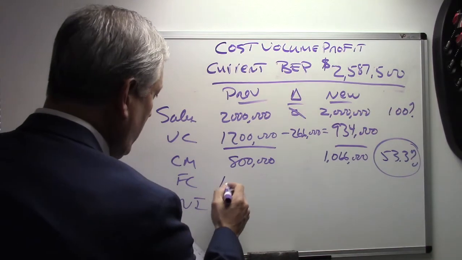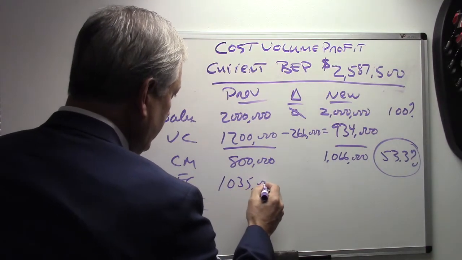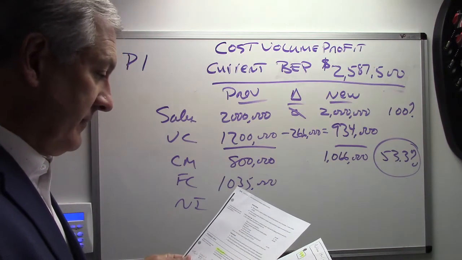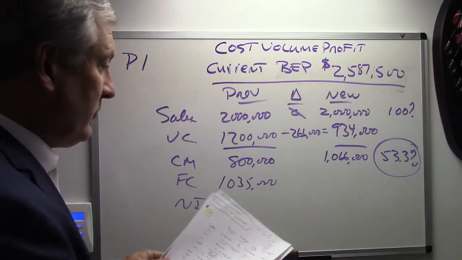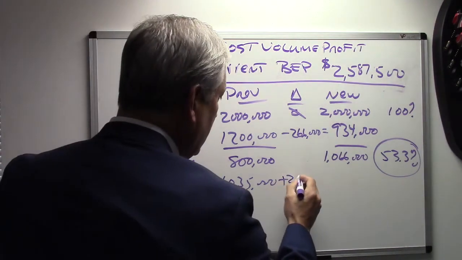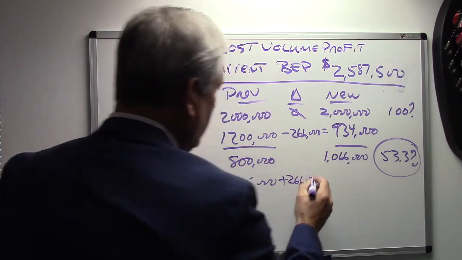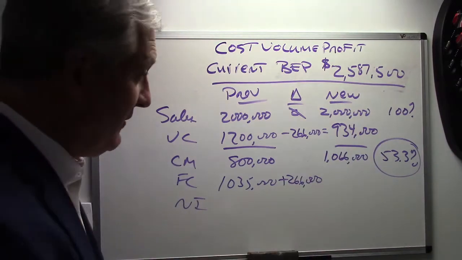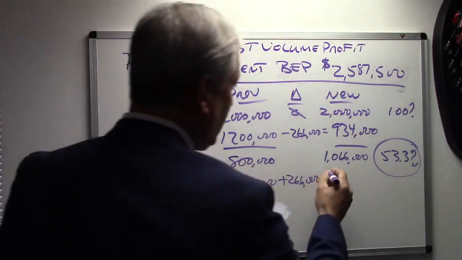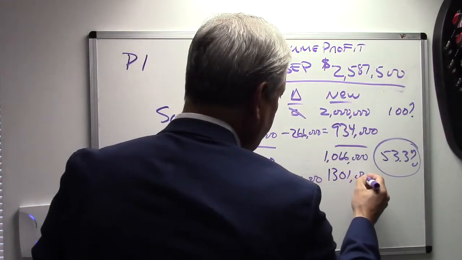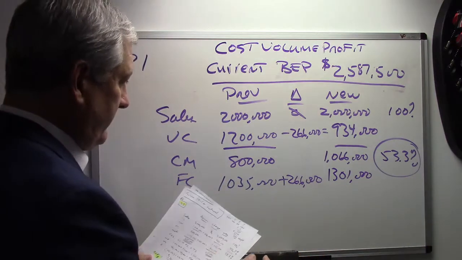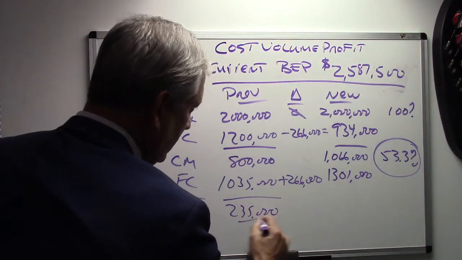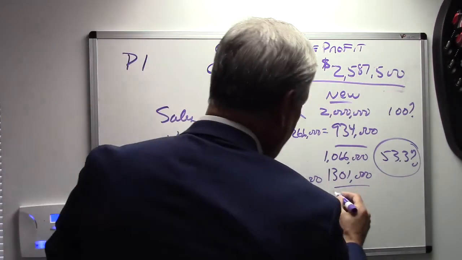What happens to fixed costs? Well, fixed costs were $1,035,000. And we did what? We added $266,000, right? There was a shift from variable to fixed. So the new fixed costs are $1,301,000. We still have that same loss, $235,000.